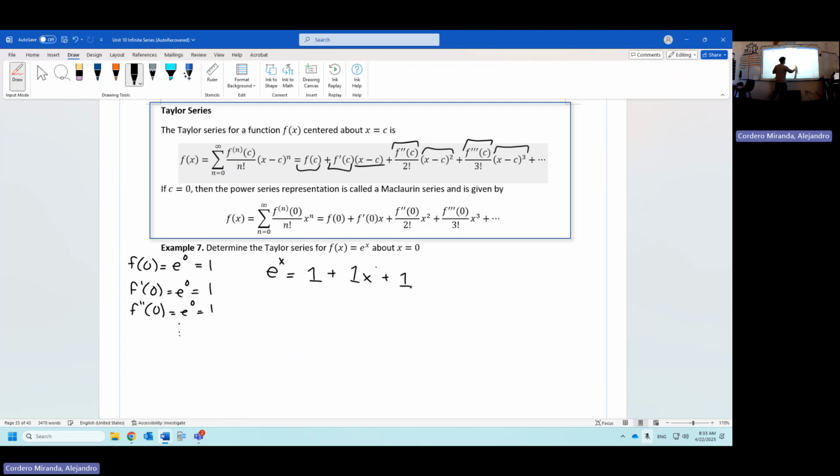Plus 1x squared over 2 factorial. Plus 1 for the third derivative, so 1x cubed over 3 factorial, plus, and so on and so on. So in other words, e to the x is equal to the sum of x to the n over n factorial.